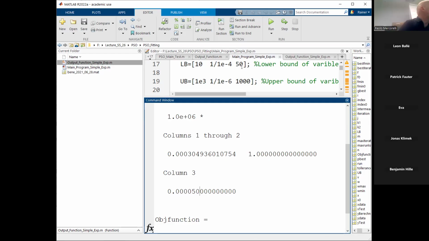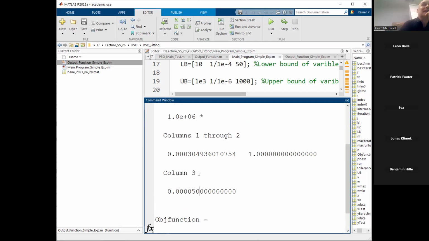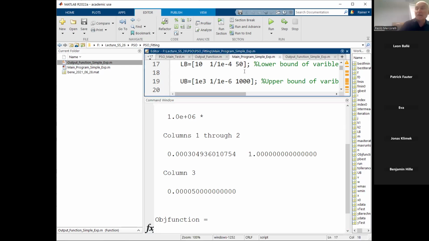Okay, we can see that nevertheless the value is better because before it was 5. Now it's 3. But nevertheless, we still have a value on the border. We can try again, but as I told you, it's the regressor that seems to be not valid. Let me write something here.